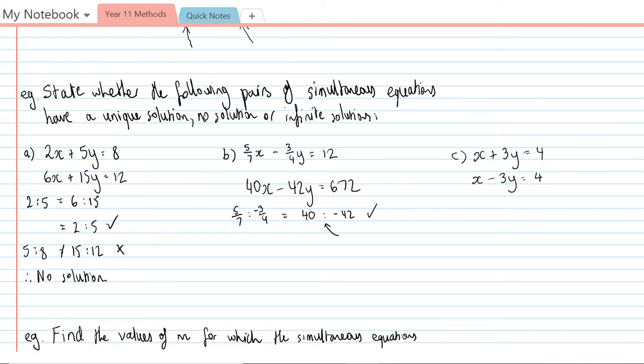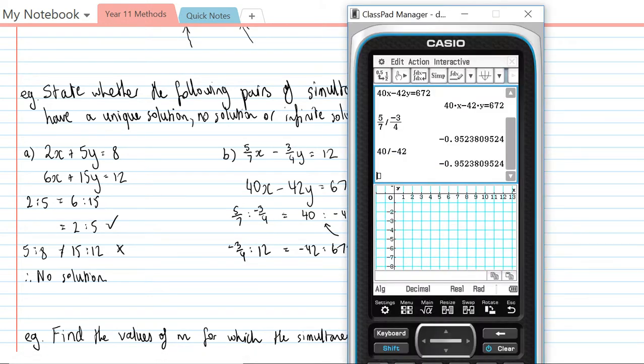So the next thing is to test the other ratio, which is negative 3/4 to 12. Is that the same as negative 42 to 672? Well, again, I'm going to just use the calculator here. So negative 0.75 divided by 12.